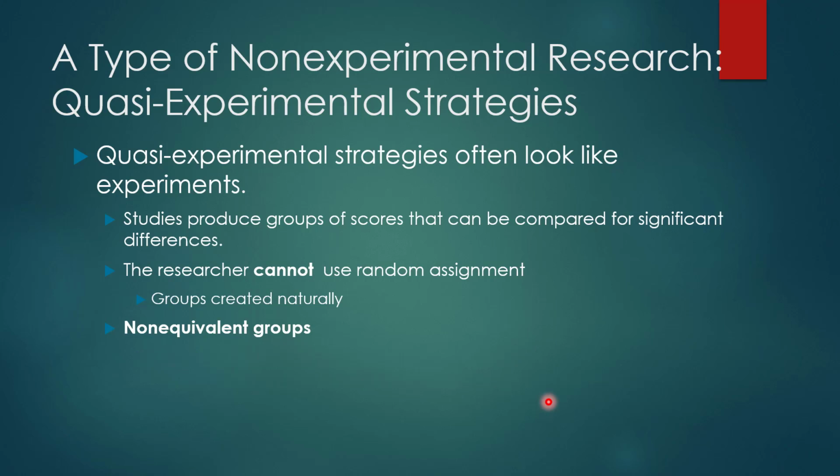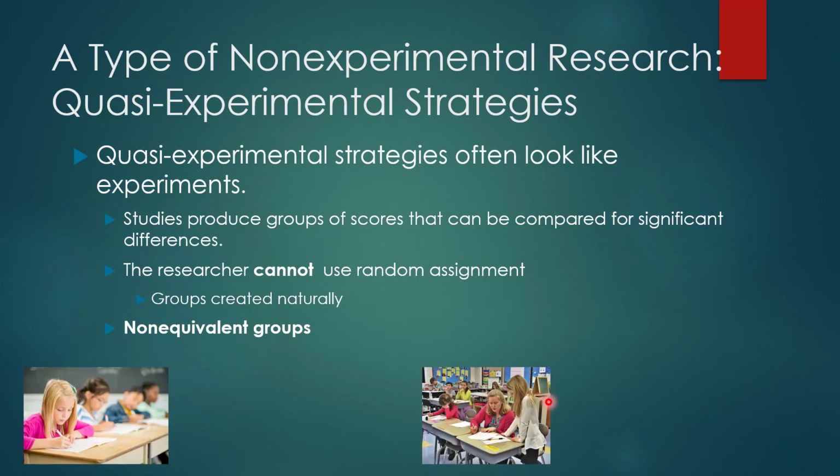So for another example, imagine a teacher who wants to evaluate a new method of teaching fractions to third graders. One way would be to conduct a study with a treatment group consisting of one class of third grade students and a control class of another group of third grade students. This design is also non-equivalent because the students aren't randomly assigned to the classes, right? It's one pre-existing class here, one pre-existing class there.